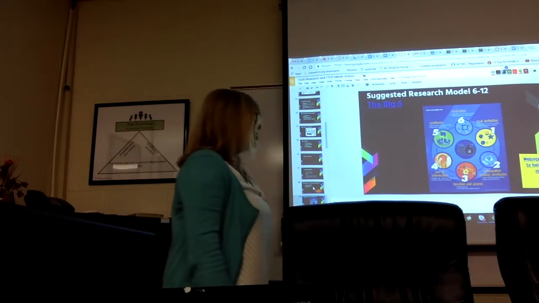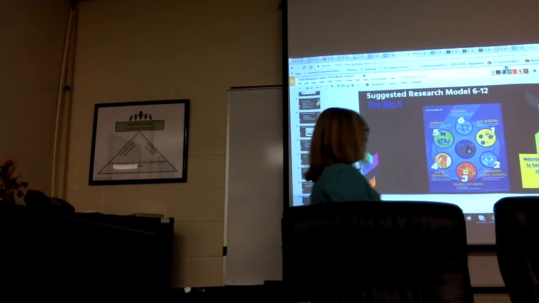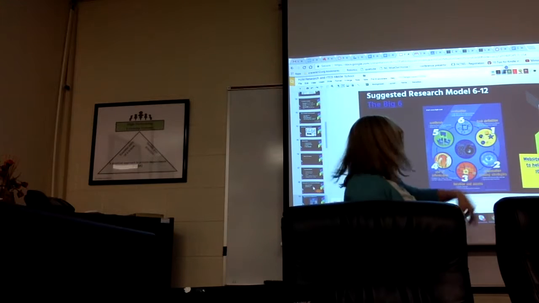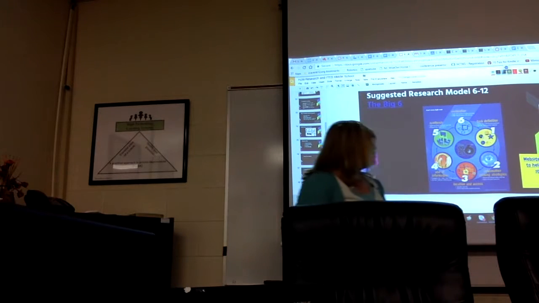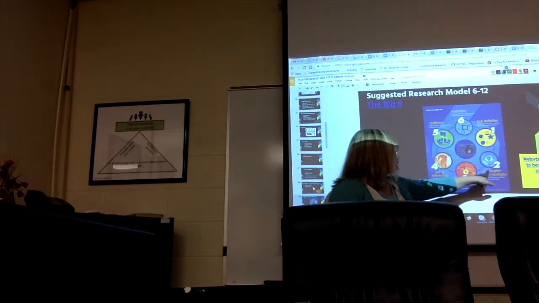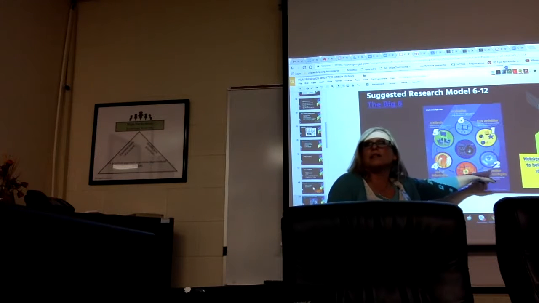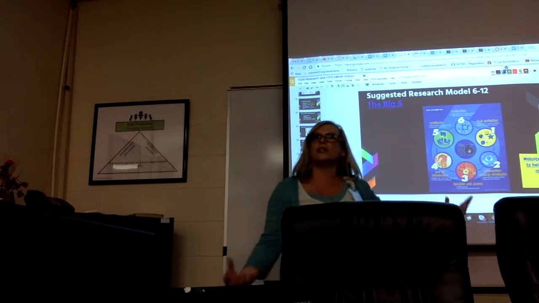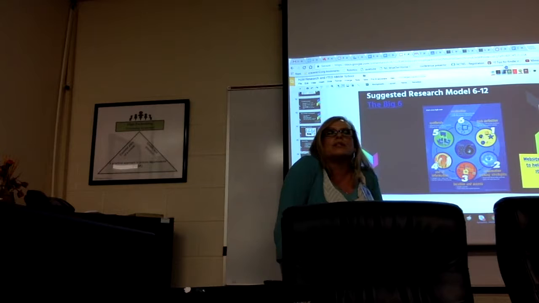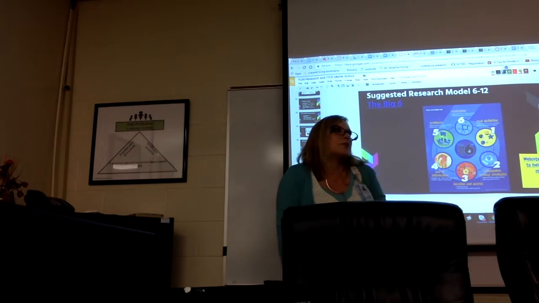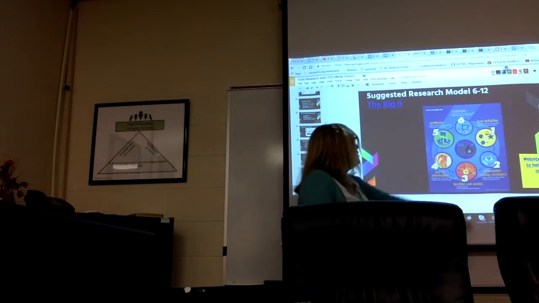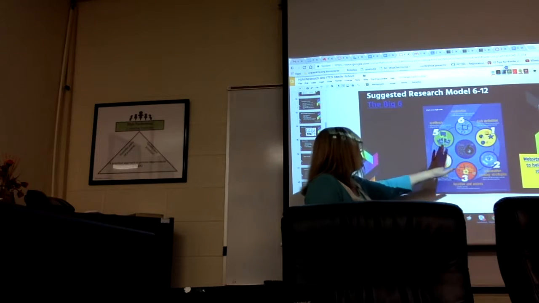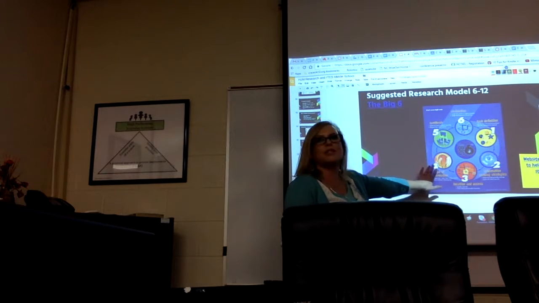Basically, you can look at it and see what it is. It's very simple. You're defining your task. What are you going to use to look for? What kind of sites are you going to use? Websites? Are you going to use databases? What types of resources are you going to need? Then finding and accessing those resources and pulling out the information.